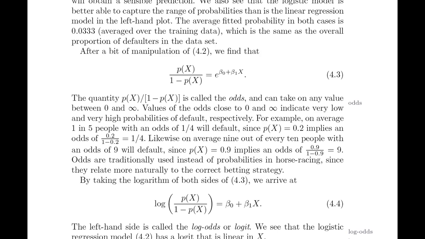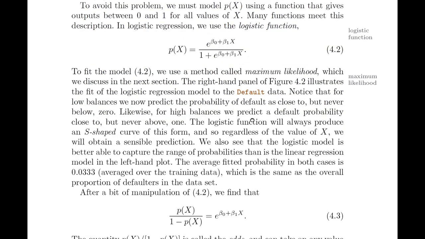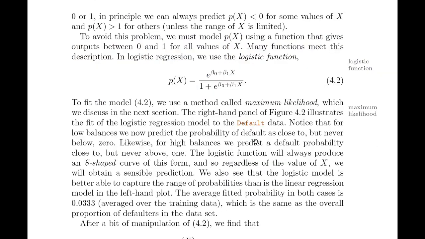is, or at least our model is related to, in this very simple example, to the balance, to the size of the loan itself, which this data set would appear to be tied to credit card debt.